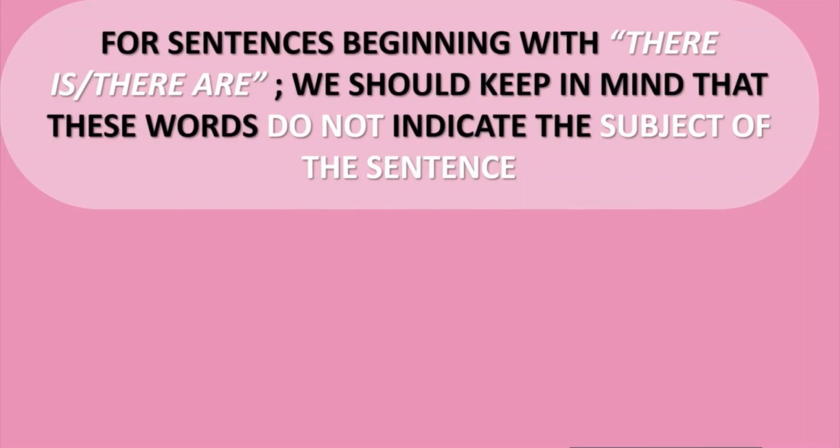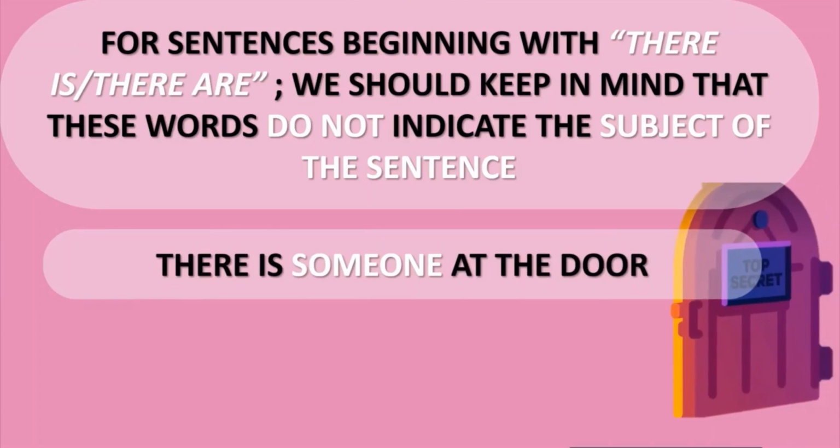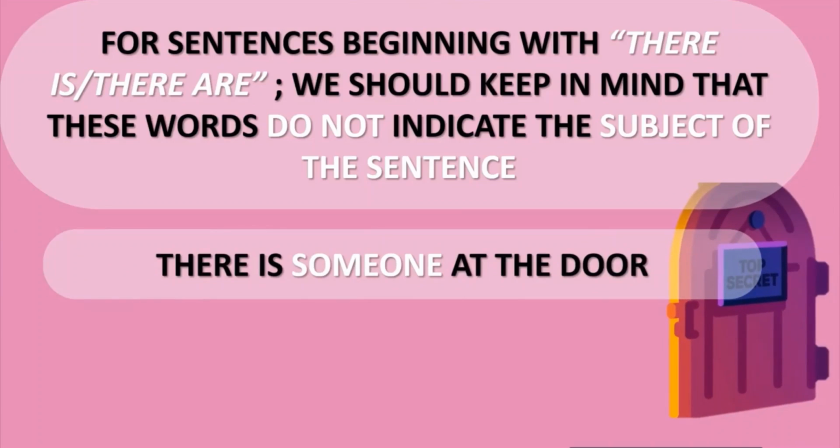We should keep in mind that these words do not indicate the subject of the sentence, although they emphasize the actual subject. See the example here. There is someone at the door. So who is at the door? Someone. So someone is the subject here.